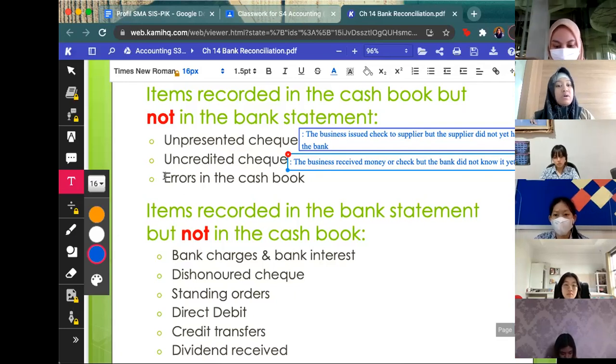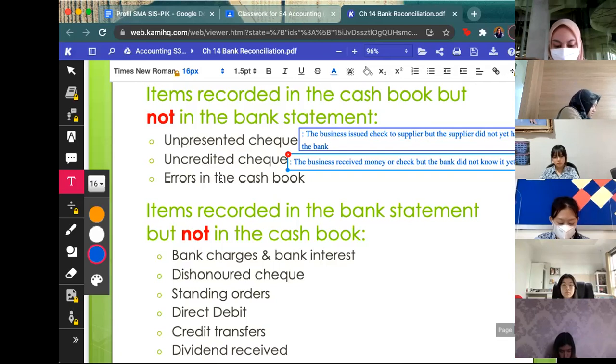Okay, next one is errors in the cash book. Of course, if the cash book, or in this case the business, made mistakes or errors, the bank will not know. So when an error happens in the cash book, what should you do?